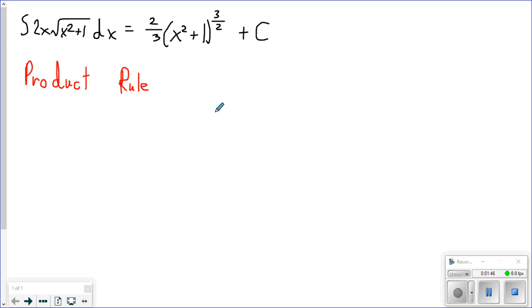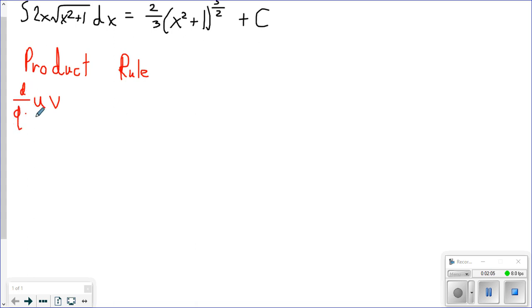So it would stand to reason that a rule that I have for differentiation could possibly, very likely, have a similar rule for antidifferentiation. So suppose I've got the function uv, and I want to differentiate that with respect to x. So u and v are both functions of x.